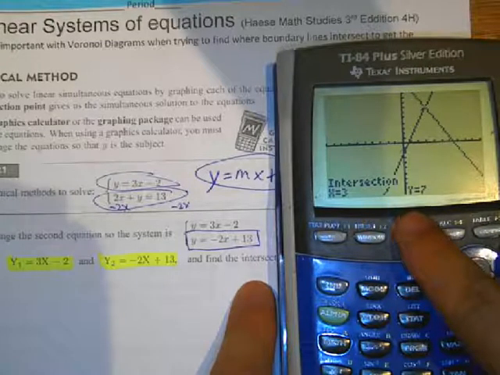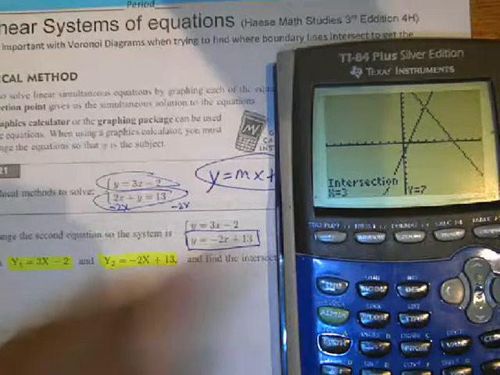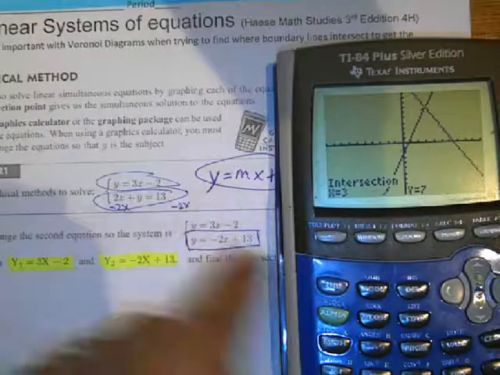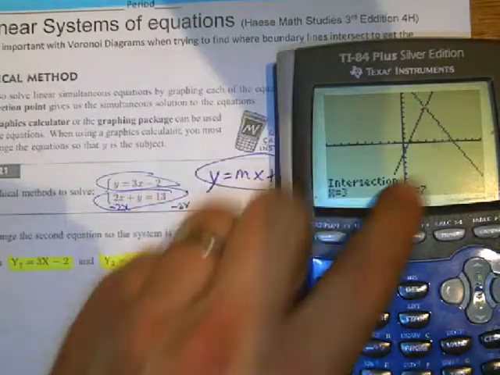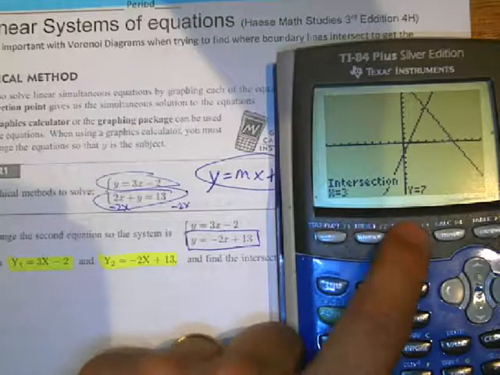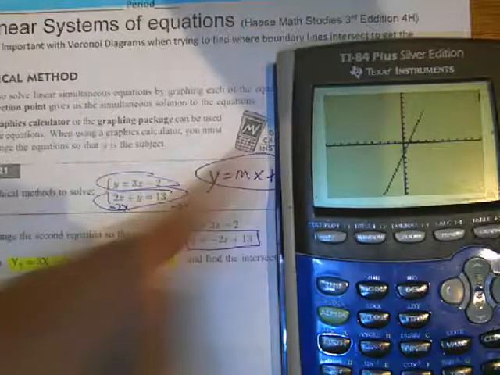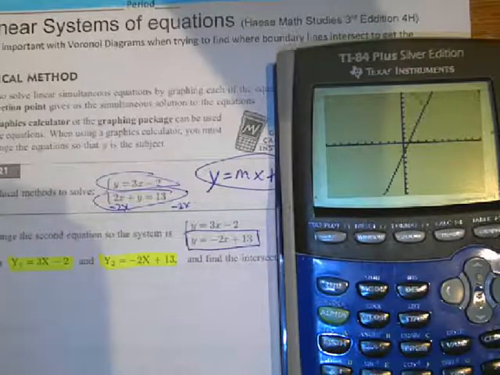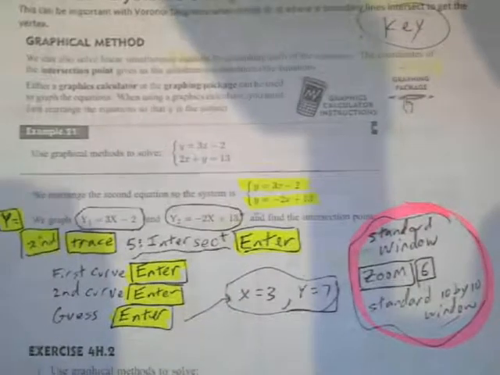Okay. Now, some of the things that might happen that might mess you up is if you've got the grid all strange. Like this here is a 10 by 10, but to get a standard 10 by 10, you're going to hit the zoom, and then you hit 6, and that gets you the standard 10 by 10 window. Okay. So all of the steps I just mentioned are right here.